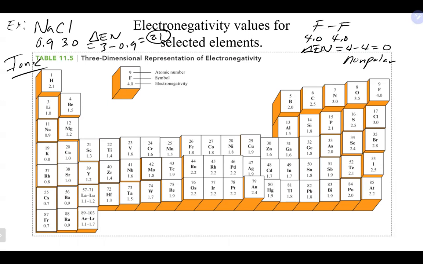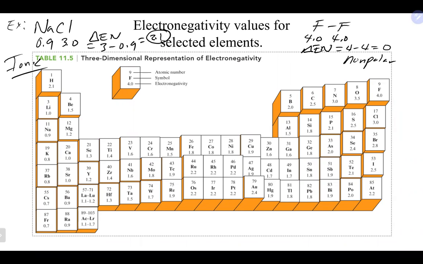A note about an electronegativity difference of 0, you will sometimes hear people call it a pure covalent bond, which is a fancy way of saying that's like perfect equal sharing of electrons. It's still a nonpolar bond, but sometimes people will refer to it as a pure covalent bond because you have the perfect equal sharing of electrons.